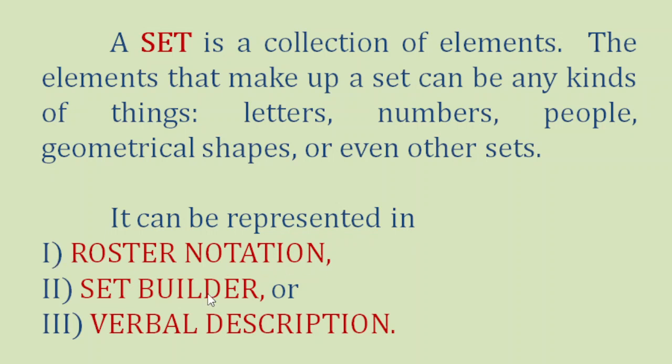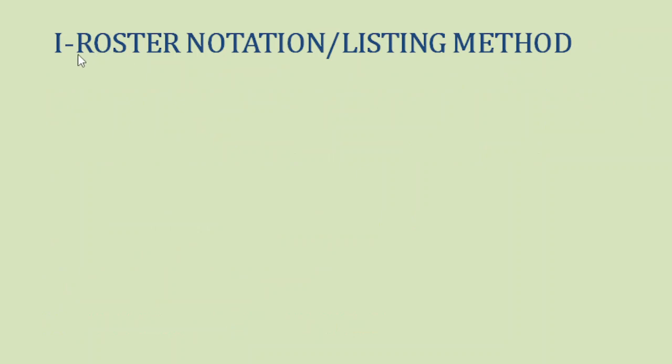1. Roster notation, 2. Set builder, or 3. Verbal description. First, let's talk about roster notation or listing method. Sets are named using capital letters. We have here an example.